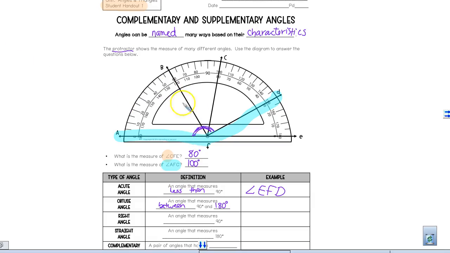And we do have some lines that are kind of dividing that up, but we're mostly looking from A to F to D. To find that angle measure, I'm going to start at 0 and go 10, 20, 30, 40, 50, 60, 70, 80, 90, 100, 110, 120, 130, 140, and 150 degrees. 150 is between 90 and 180. So we could say angle AFD is an example of an obtuse angle.